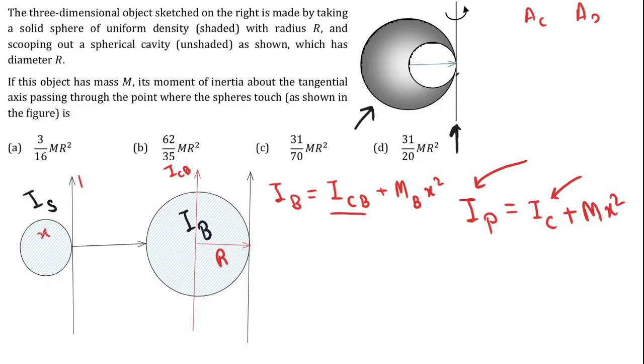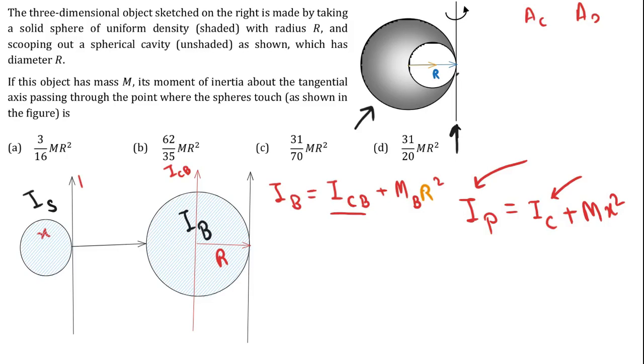This distance from the center to this position is r, and the distance from the center to here is r by 2. R by 2 is the radius of the smaller sphere, and r is the radius of the bigger sphere. So that simplifies our situation. I don't have to write x squared here. In fact, I can write r squared.